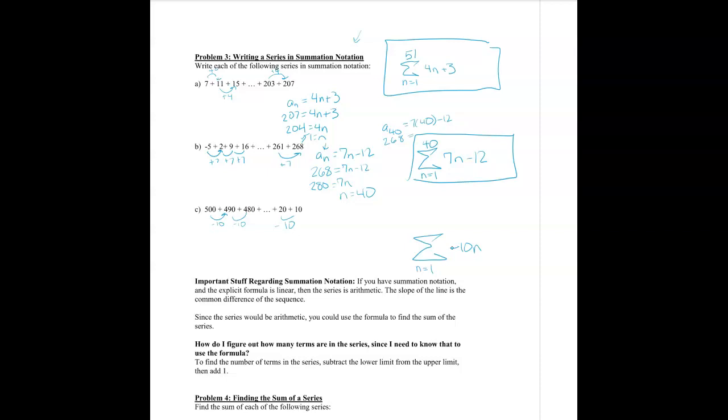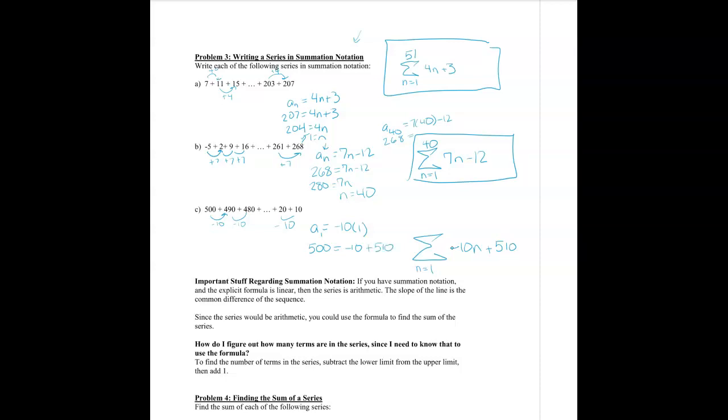Alright, and then if I plugged in a sub 1, I should get -10 times 1. But a sub 1 equals 500, and that is equal to -10. What do I need to add to -10 to get to 500? Well, I need to add 510. As much of a pain as that is, it's what I need to do.